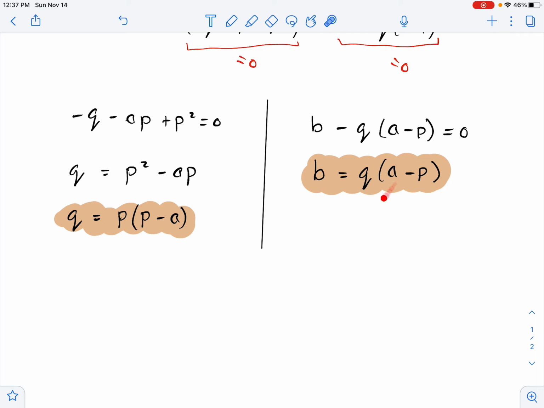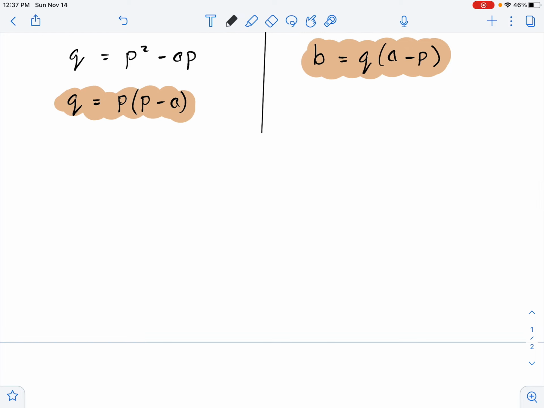So either I solve for a here and substitute in this side, or vice versa. Yes, I think that is the way I'm going to go about it.